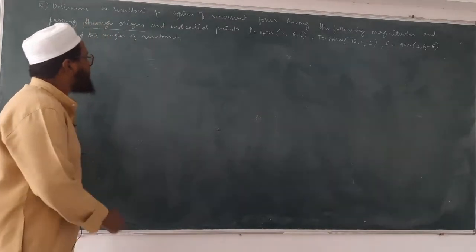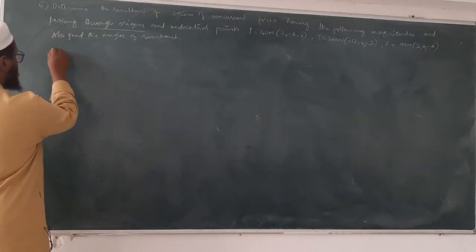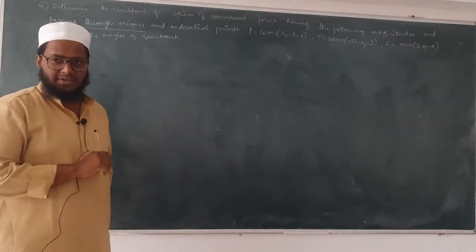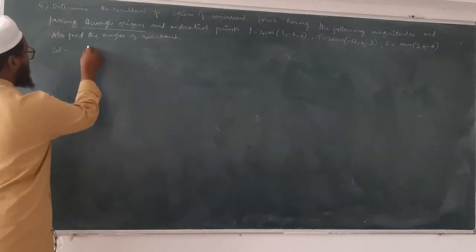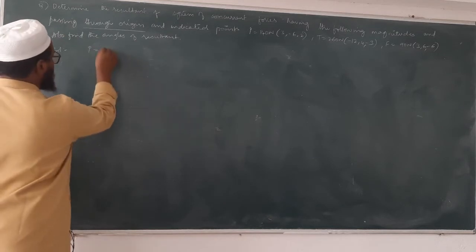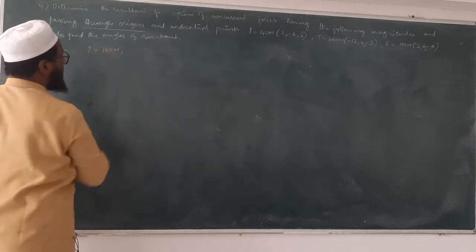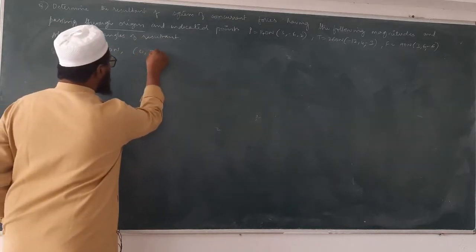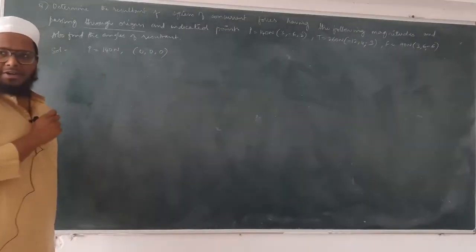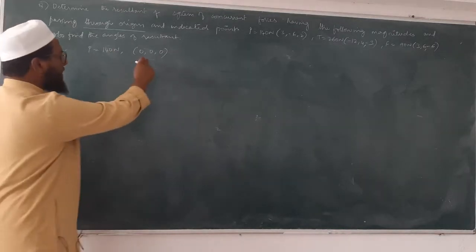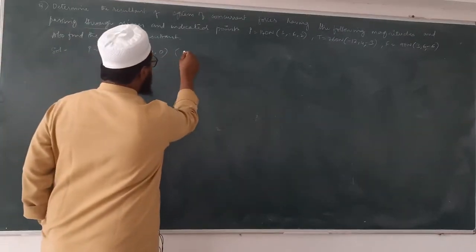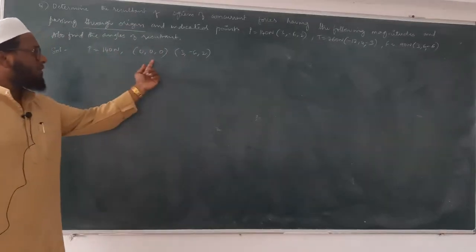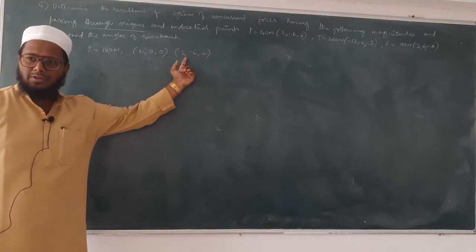So now we'll take the first force. There is no diagram or figure given to us in the question. So P is equal to 140 Newton. It is passing through origin, so I'll write here 0, 0, 0. Any problem in writing like this? No problem. What is the next point? 3, minus 6, 2. So this force is passing from origin to this point.